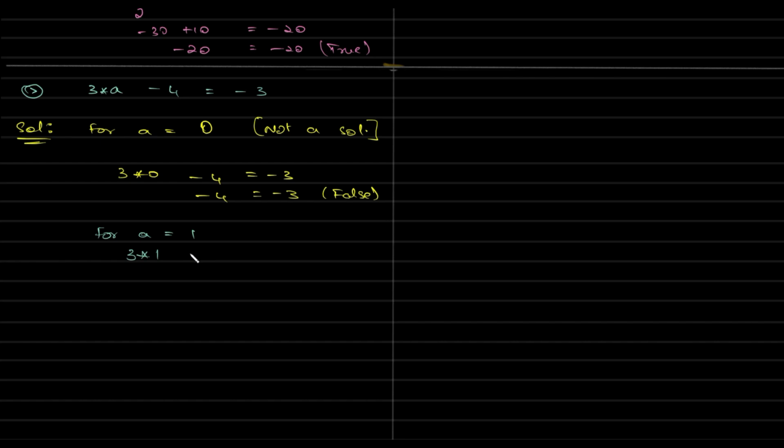So 3 into 1 minus 4 is equal to minus 3. So this is 3 minus 4, which is negative 1, is equal to negative 3. This is a false statement, not a solution. But now we are further away from the answer.